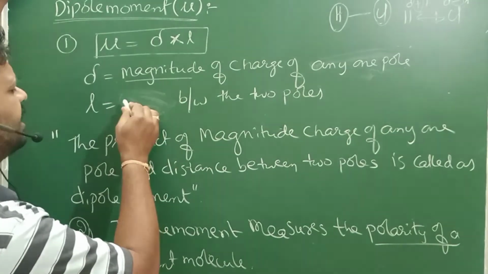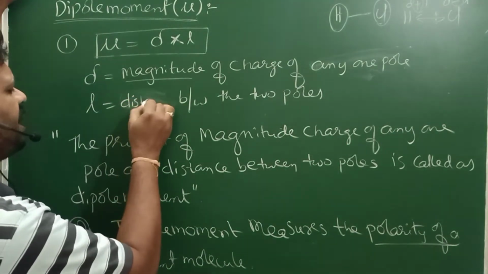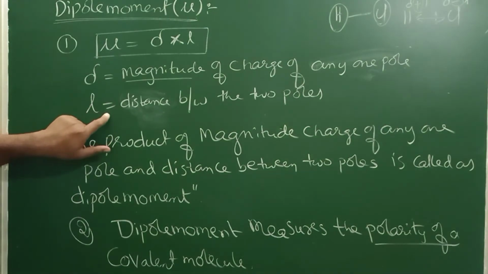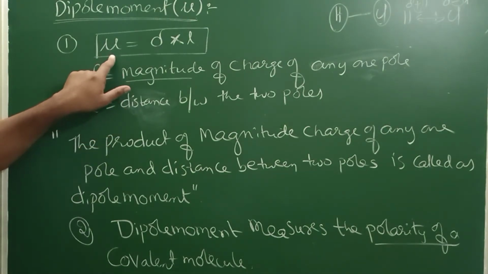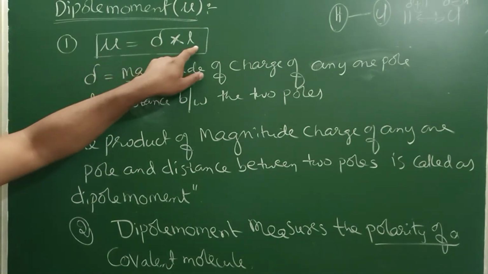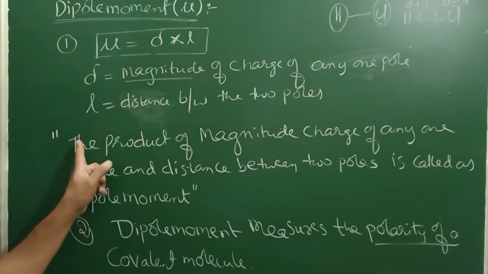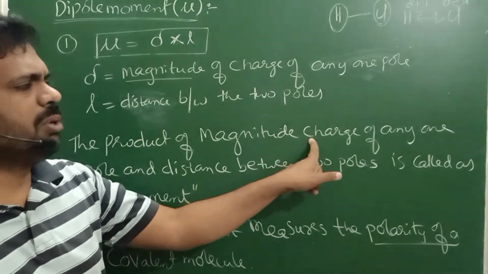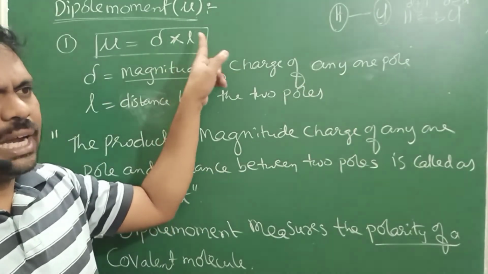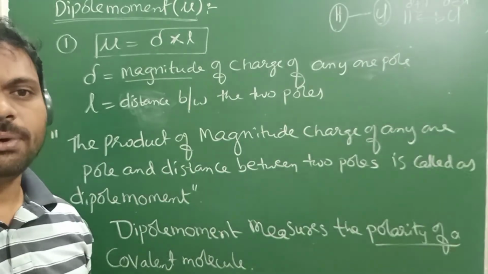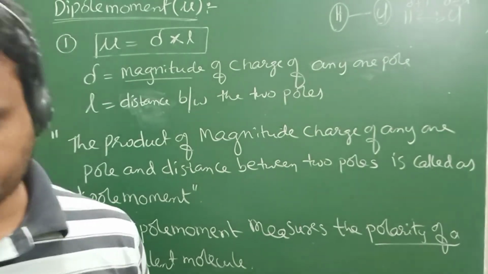The dipole moment definition is delta into L. Here the into means product. The product of magnitude of charge of any one pole and distance between two poles is called the dipole moment. Clear?